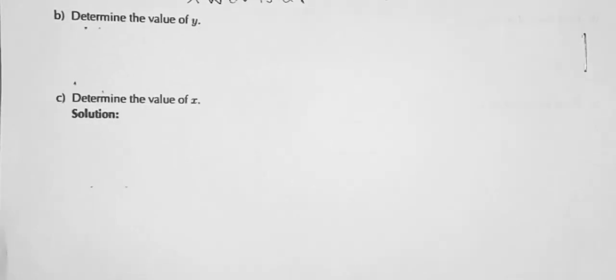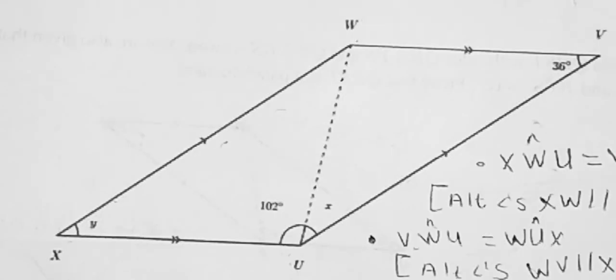B said determine the value of y. How are we going to determine the value of y? As you can see, x is equal to v. Opposite angles of a parallelogram are equal. So y is equal to 36 degrees.